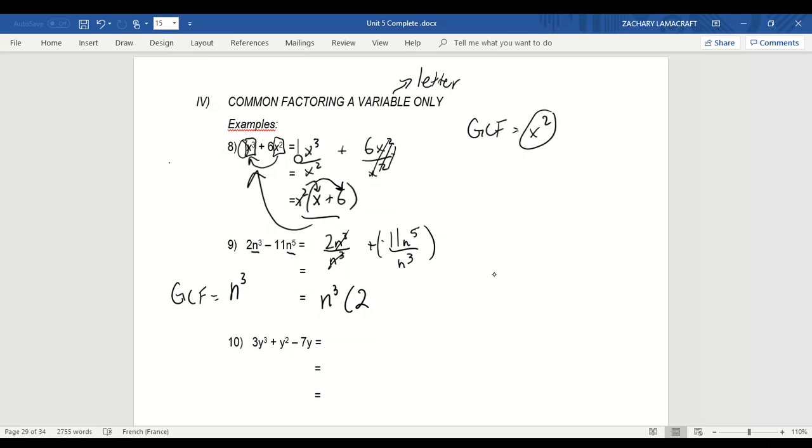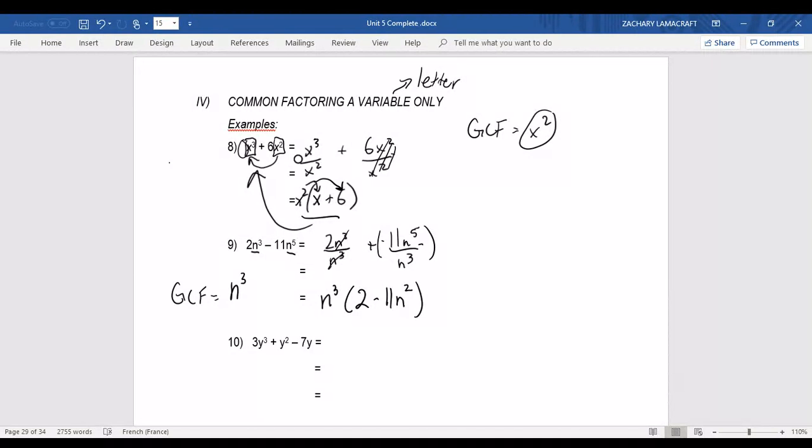Then negative 11n to the 5 divided by n to the 3. There are no numbers there, so it's minus 11, and then n to the 5 divided by n to the 3, so we just do 5 minus 3. So it'd be n to the 2. And that is our common factored form of 2n cubed minus 11n to the 5.